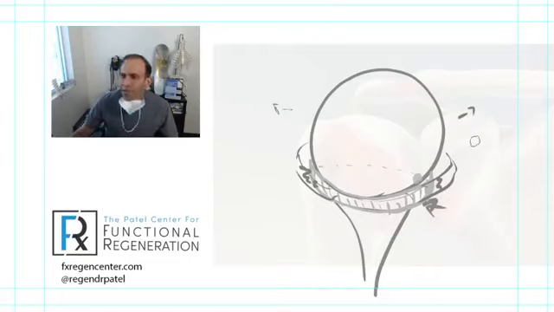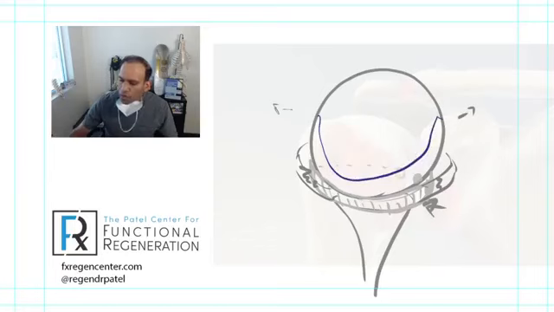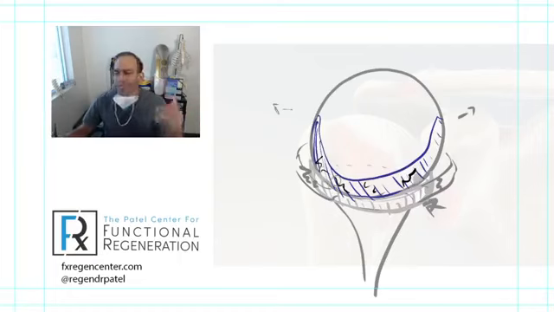As that golf ball becomes a little bit more unstable, the smooth surface of the ball, which is called the cartilage, the smooth surface that surrounds the ball where it interfaces with the socket, is going to start to gradually wear away. So over time, you're going to start to get little cracks in the cartilage, little fissures, little areas of potholes, or little areas where the smooth surface is getting a little bit rougher.